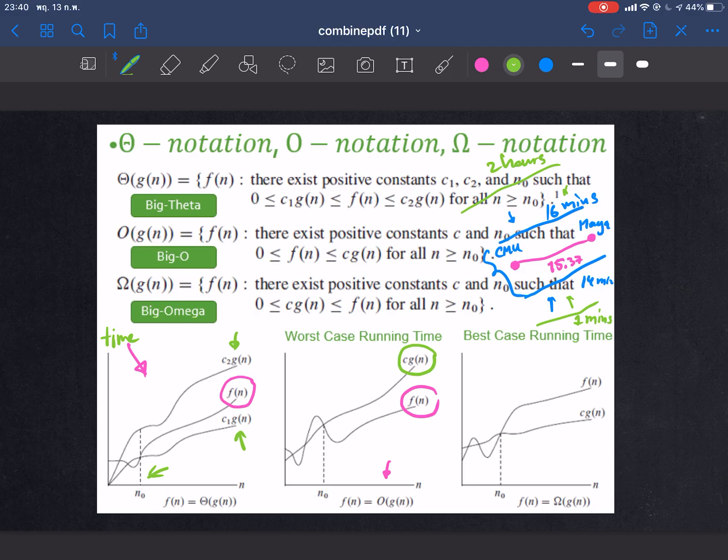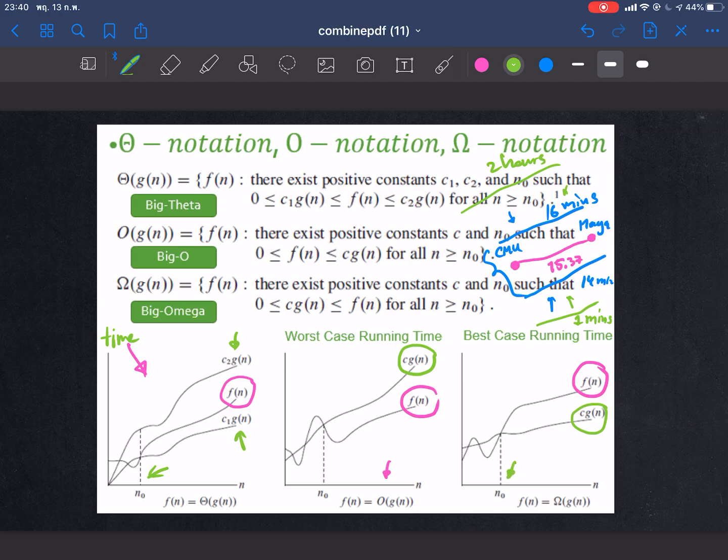And from big omega, this is your running time function, and this is the bound, which always uses less time compared to your exact running time function, with the starting point n zero.